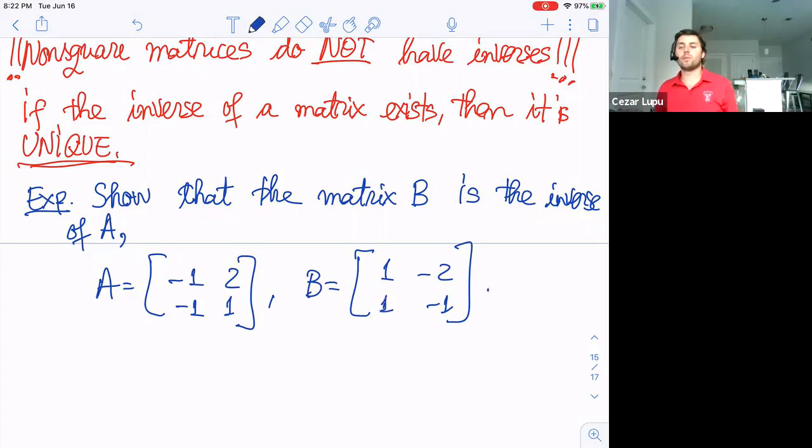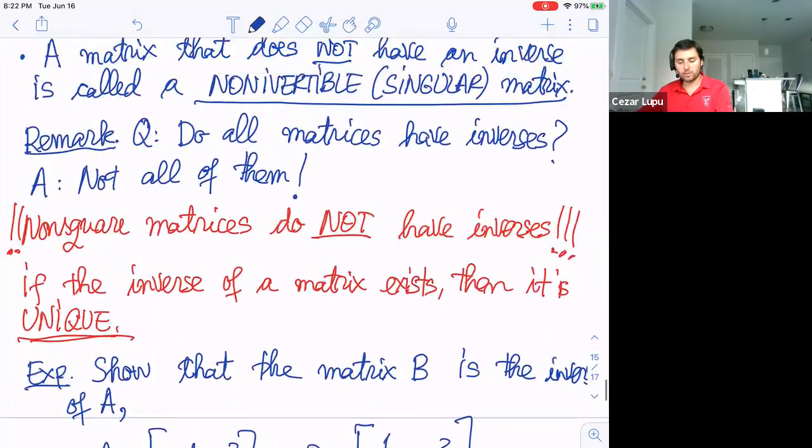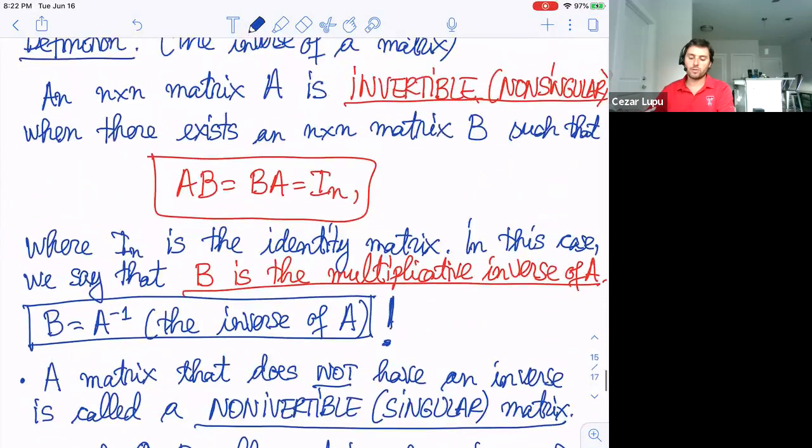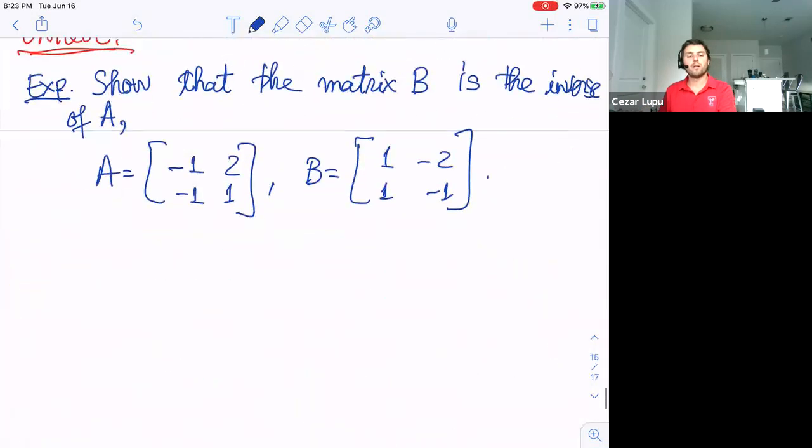Okay. How would you approach this? Based on the definition, what do we need to show? Let's go back to the definition. We need to show that AB is the same as BA, and moreover, when you multiply the two, we'll get the identity. So let's do it. In fact, I would like you to do it for a couple of minutes.